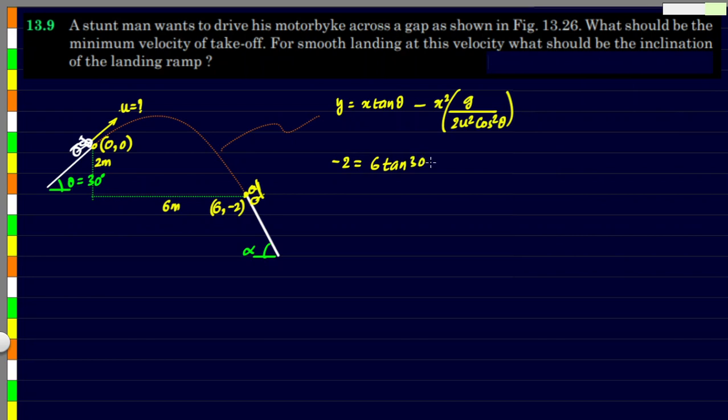Theta is 30 degrees, and x distance is again 6, so 6 square into 9.81, that is gravitational acceleration. Then 2 times cos square 30, and u square remains here as the unknown that we need to find. Let's go ahead and simplify this.